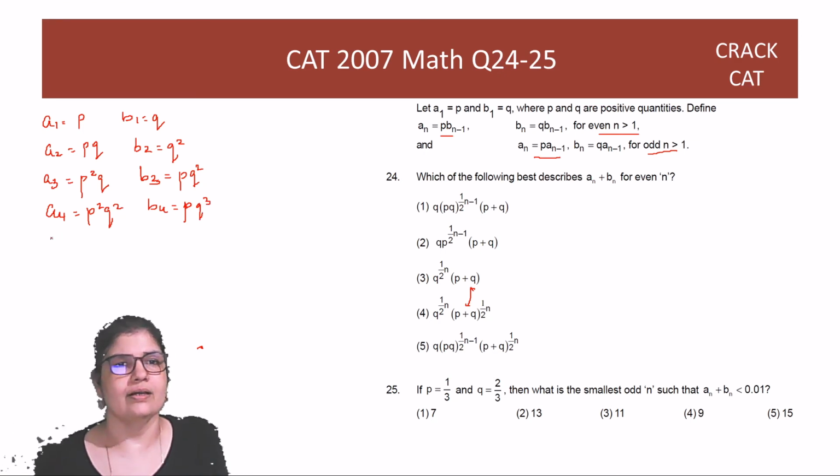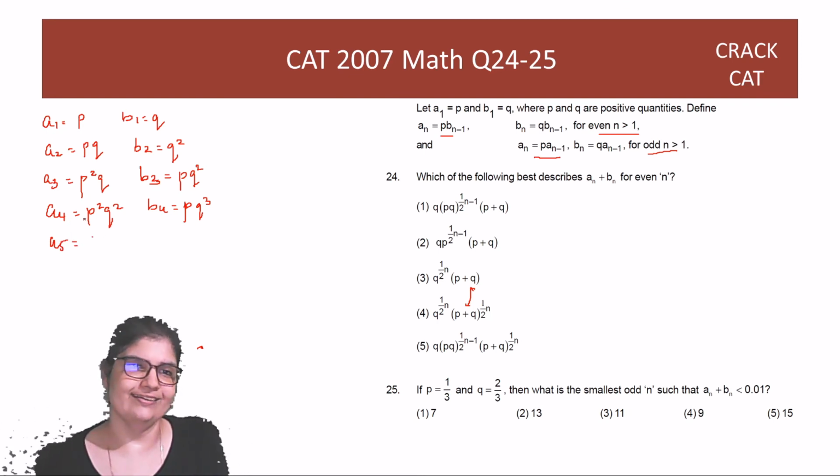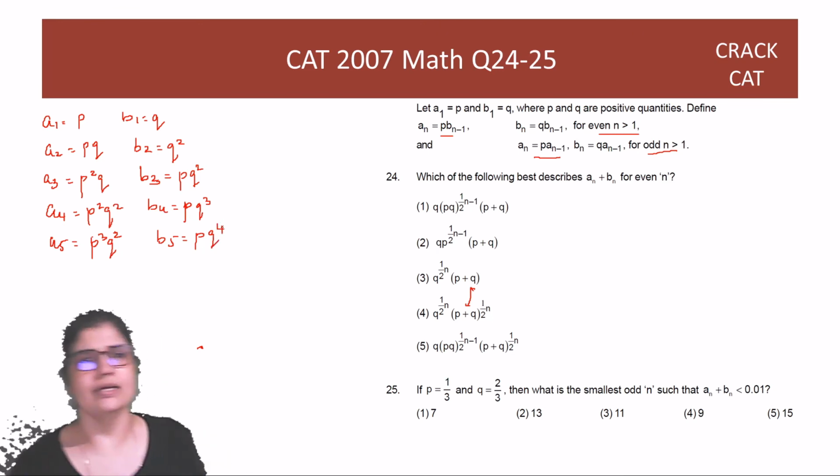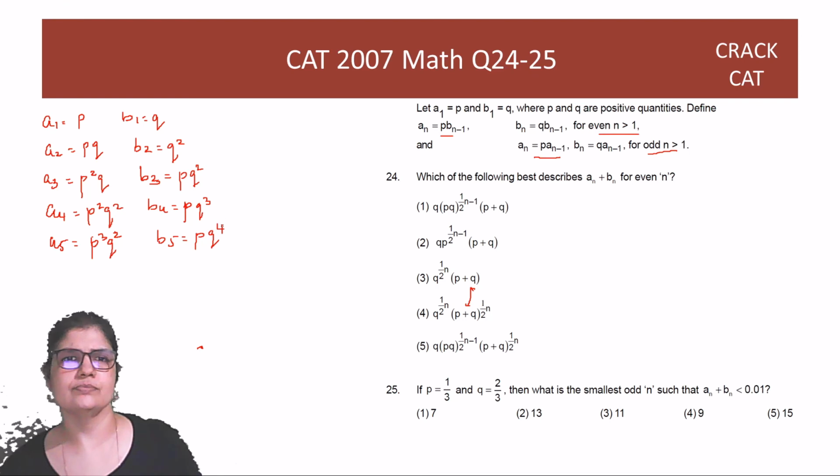Okay, so A5 is going to be P into the earlier A, so it is going to be P cubed Q squared, right? And B5 is going to be P into Q raised to 4. Okay, so here are some interesting things that we can see.